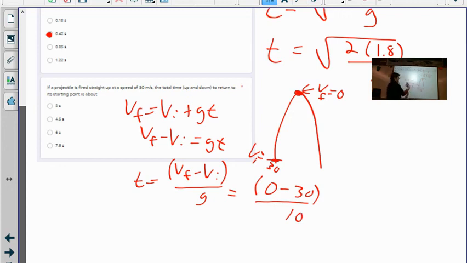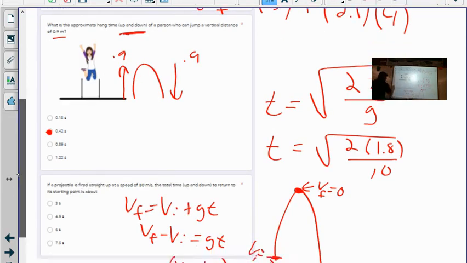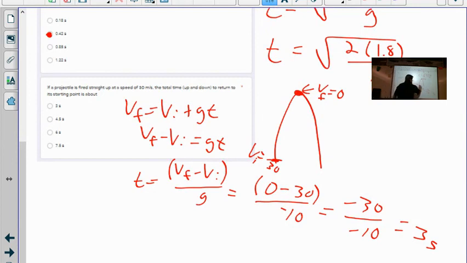But remember that in reality, G is negative 10. So I'm going to have negative 30 divided by negative 10. 30 divided by 10 is going to be equal to 3 seconds. That 3 seconds is it going up, but recall that it also is going to take 3 seconds to come down, so the total time will be 6 seconds.